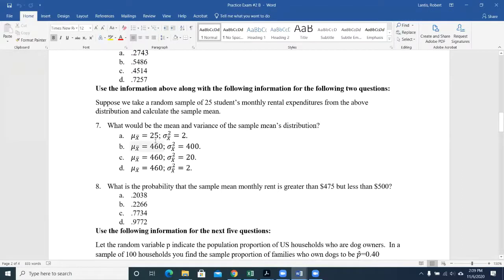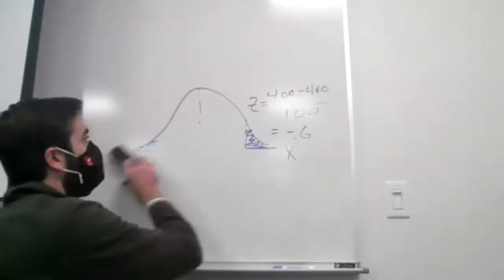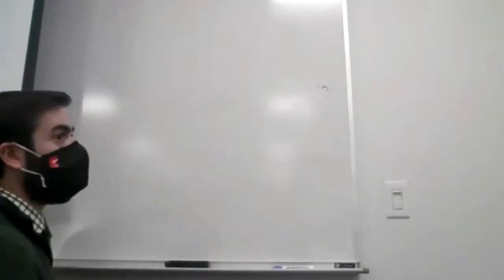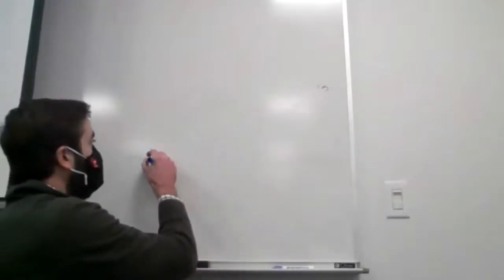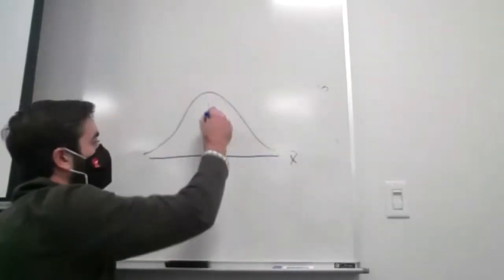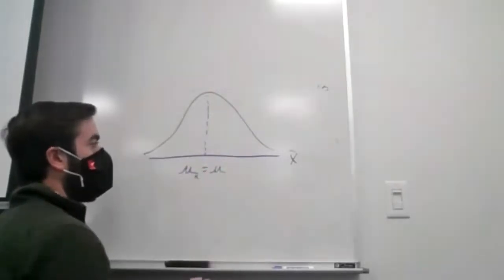So let's assume we took a sample from that normally distributed variable, and let's assume that we took a sample of size 25. What would the mean and variance of that sample means distribution be? One thing that we had said was if we sample from a normally distributed variable, or we take a sample size over 30 from any variable, we know that the sample means will be normally distributed, and the mean of those sample means will be whatever the original population mean was.